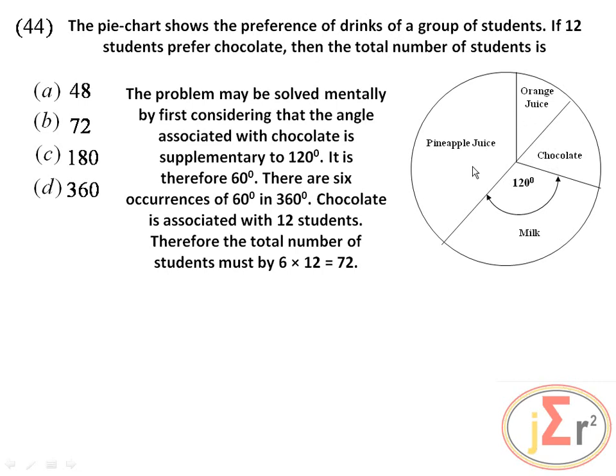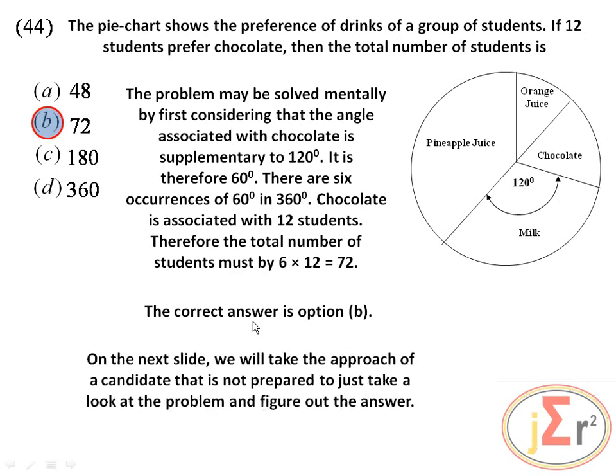Of the total, 60 degrees will be 1/6. Or we may say that we have 6 angles of 60 degrees in the entire pie, because in this 60 degrees we have 12. Therefore, we need to have 6 times 12 in the entire pie, and that is equal to 72. The correct answer is option B.